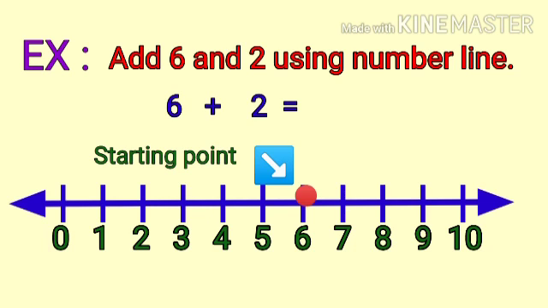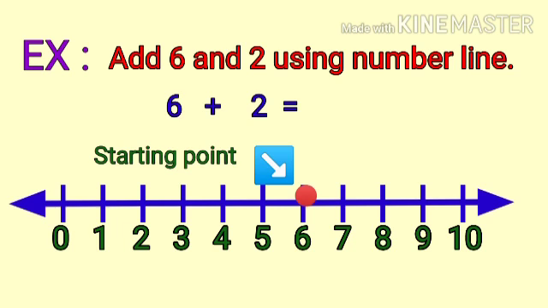And next we have to take forward jumps from 6. These forward jumps are represented by the second number, that is 2 in this example. So we should take 2 forward jumps starting from 6.